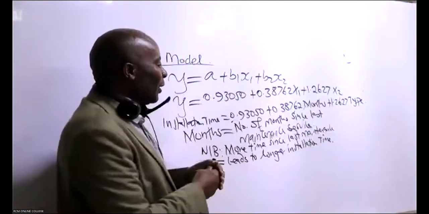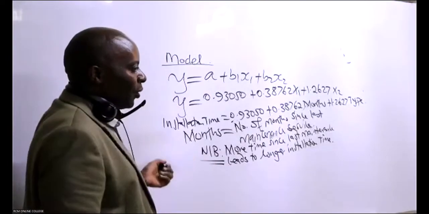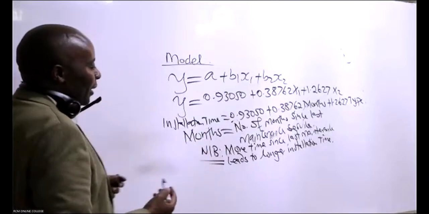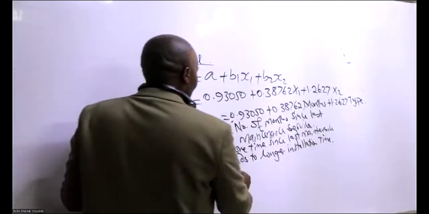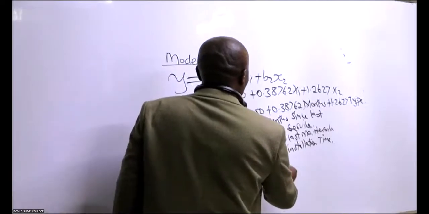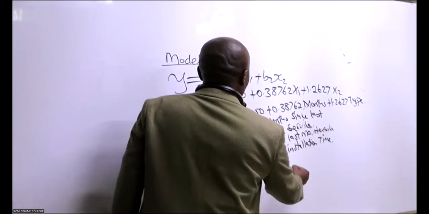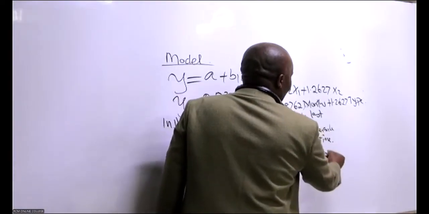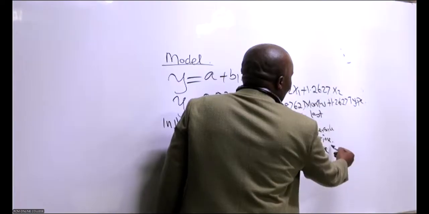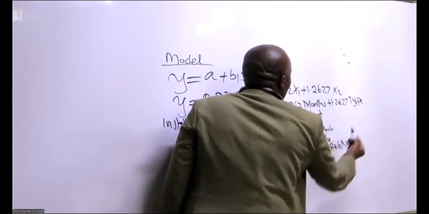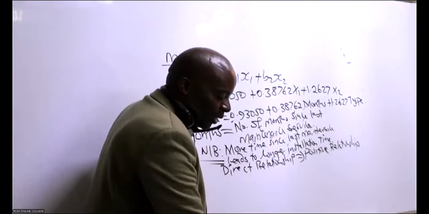This is what we call in mathematics a direct relationship. You can write there: this is a direct relationship. Direct relationships are also known as positive relationships. Direct relationships are also known as what here?